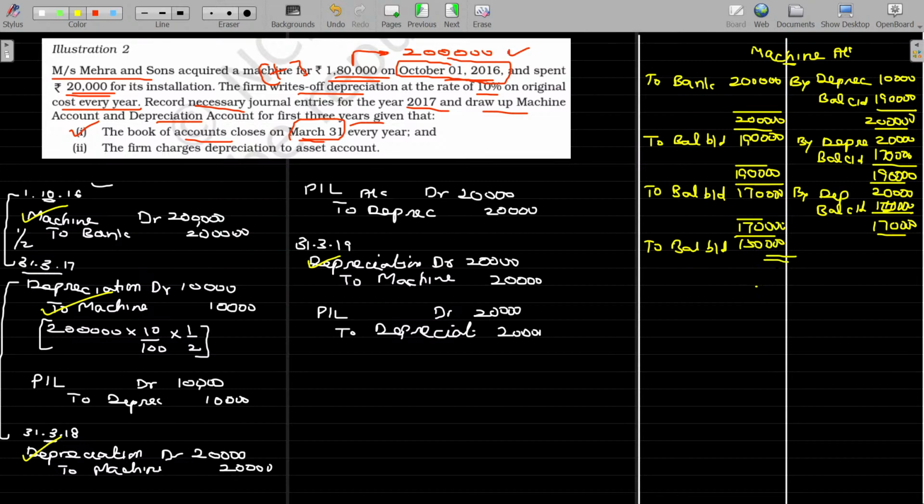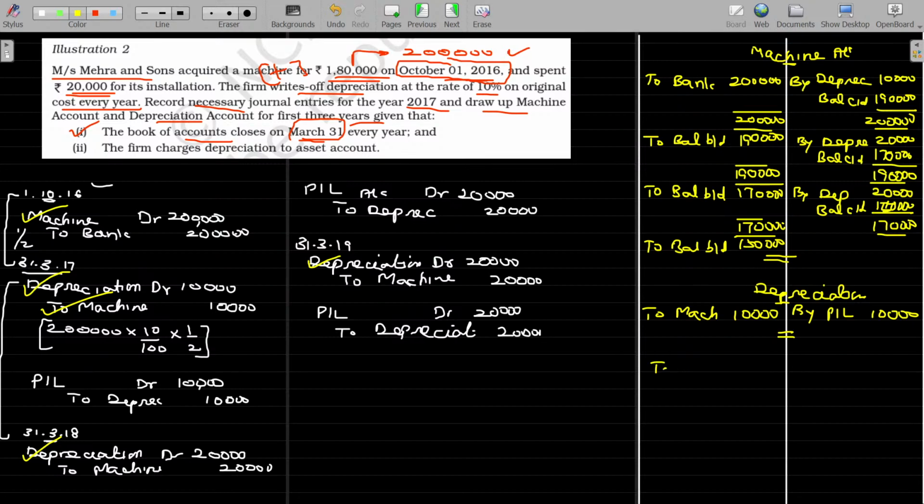We have to open the depreciation account. Depreciation account is very simple. Open and charge, and later it is transferred to the P&L account. So first year end, to machine 10,000. By the same time, it will be transferable to P&L account. So by P&L account 10,000, it's closed.